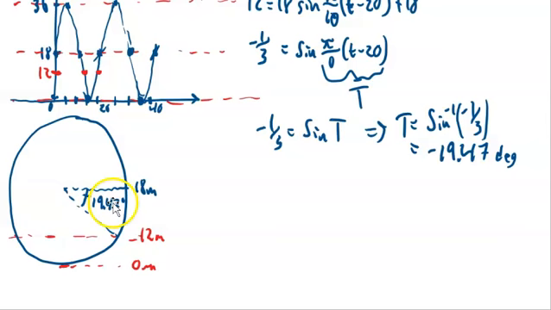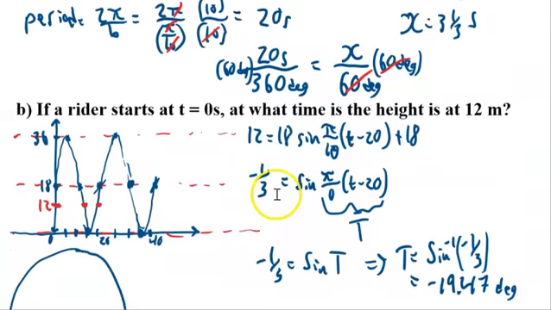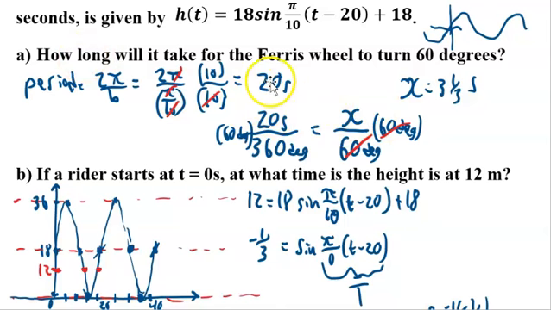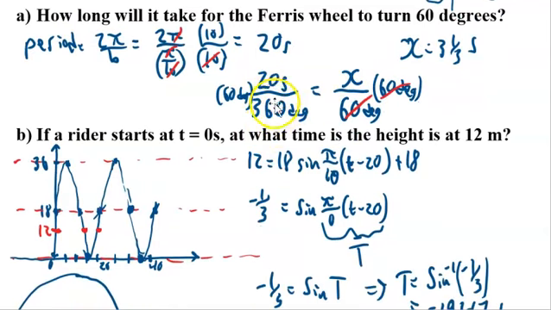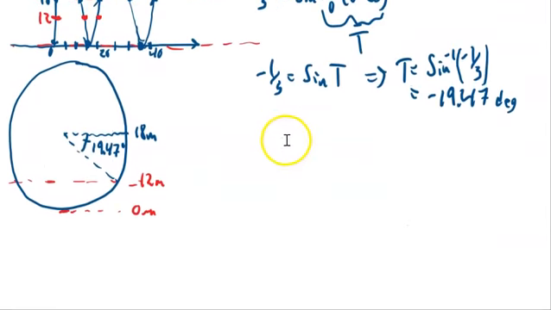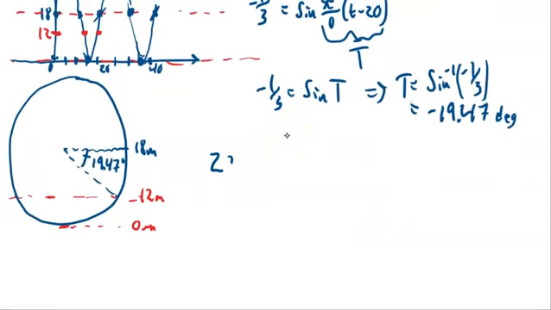So we want to know how long it takes to go 19.47 degrees. Well, we know the period way up here. The period is 20 seconds, and it takes 20 seconds to go 360 degrees. So we'll set up another ratio: 20 seconds to go 360 degrees is equal to X seconds to go 19.47 degrees.